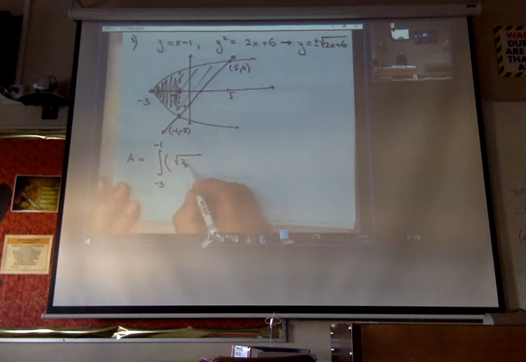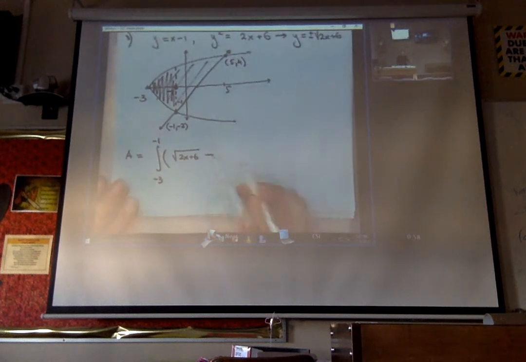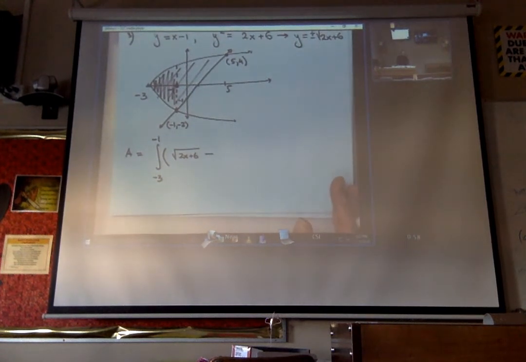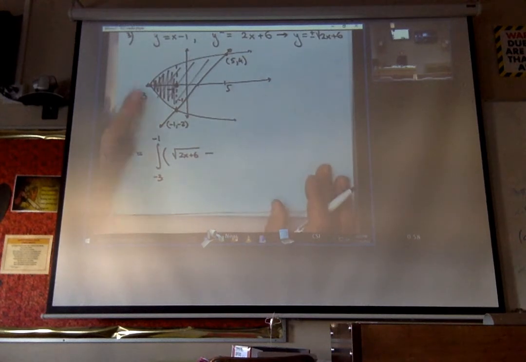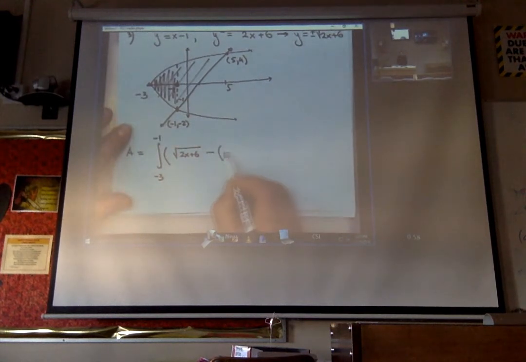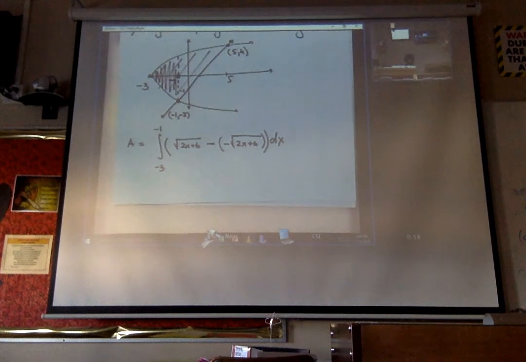Good. That formula says minus g of x, right? What's the equation of the bottom one? Negative square root of 2x plus 6. But don't forget, the formula is still saying do minus, right? So this is the integral that describes the area between those two pieces of parabolas, if I put it this way.